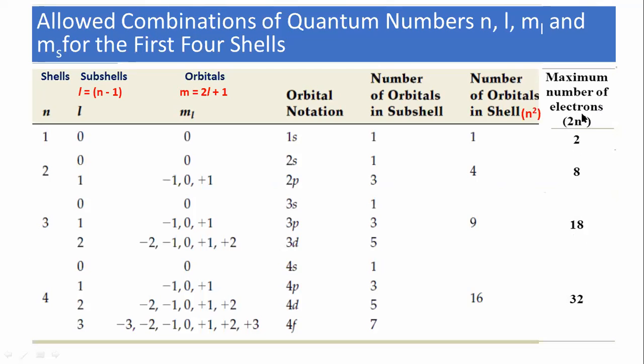So by using this formula, you can also double the number of orbitals present in the shell. Because the maximum occupancy of each orbital is 2 electrons, that's why the number of electrons would be double the number of orbitals present in the shell.